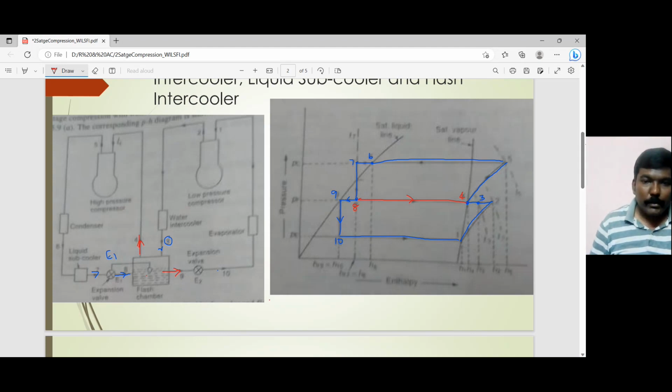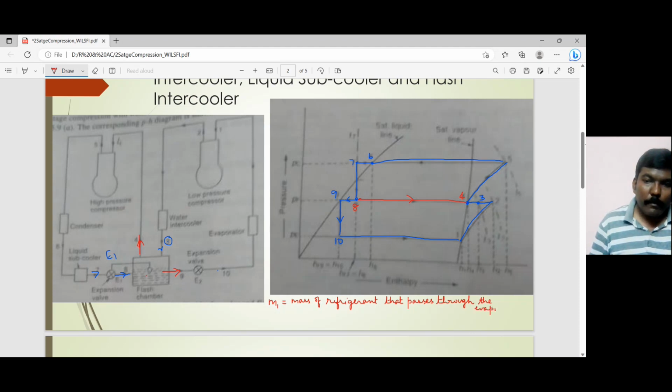There is one mass flow rate M1, which is the mass of the refrigerant that passes through the evaporator.